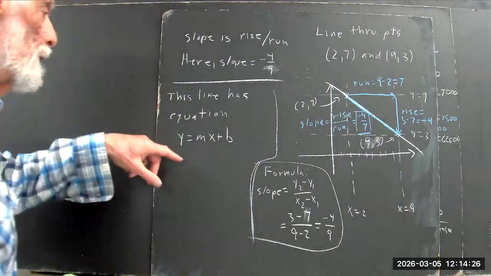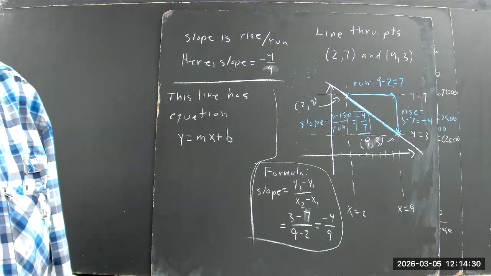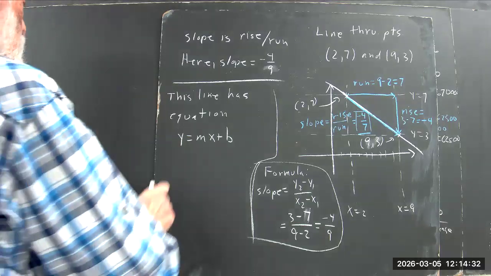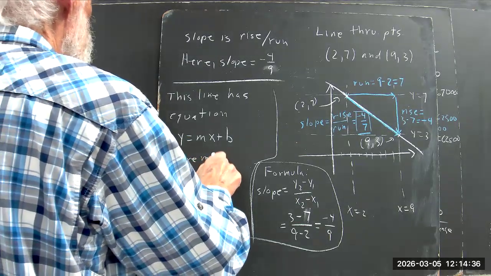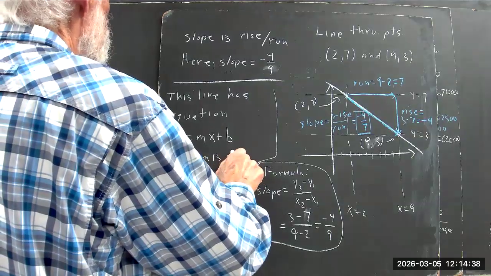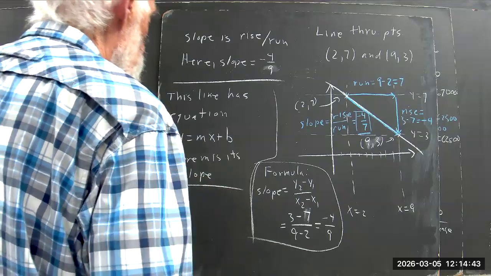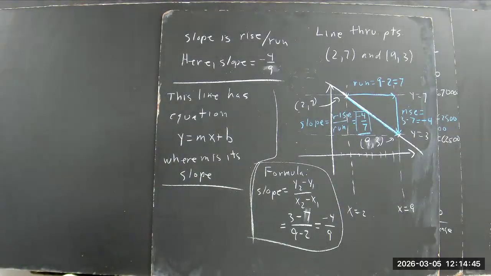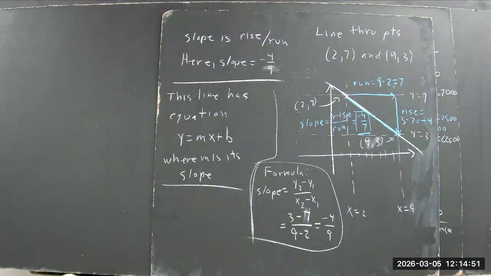This line has the equation y equals mx plus b, where m is its slope. So that's just something I'm going to tell you. And let's make sure I'm still recording.